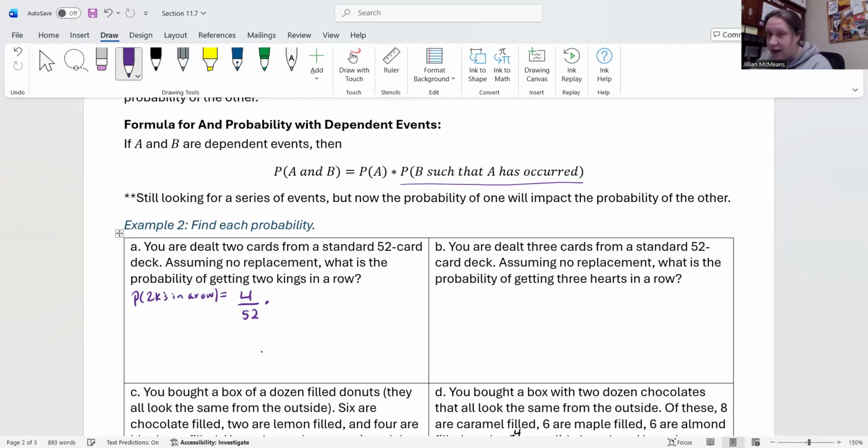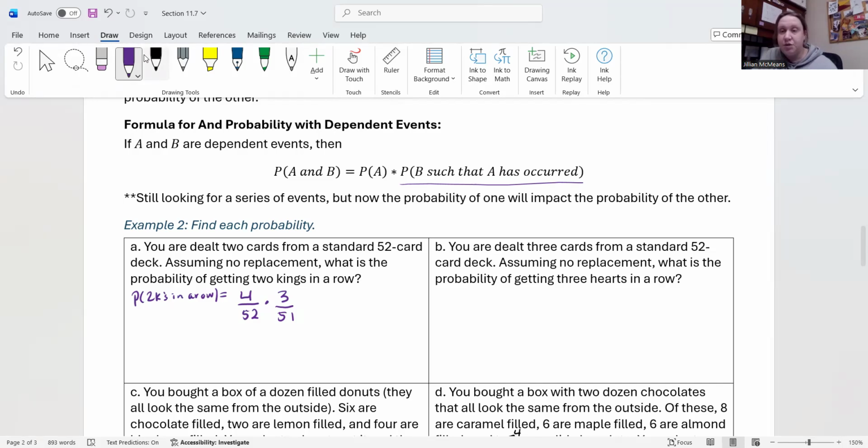For that second king, we can't say that there's four possibilities. There's only three possibilities to get a king, and there's no longer 52 cards. There's only 51. So now we're going to take the probability of the first, nothing weird there, 4 out of 52, but the probability of the second is 3 out of 51. So let's go to the calculator.